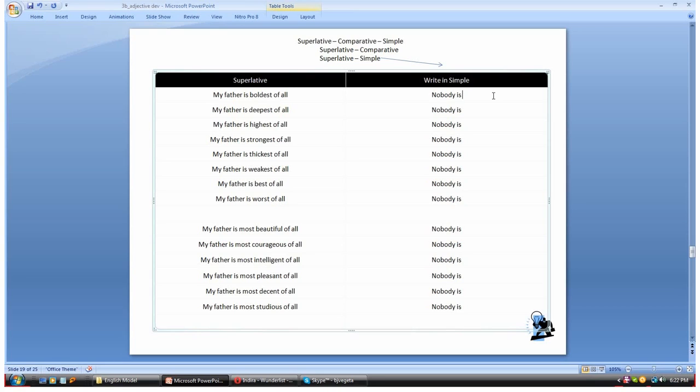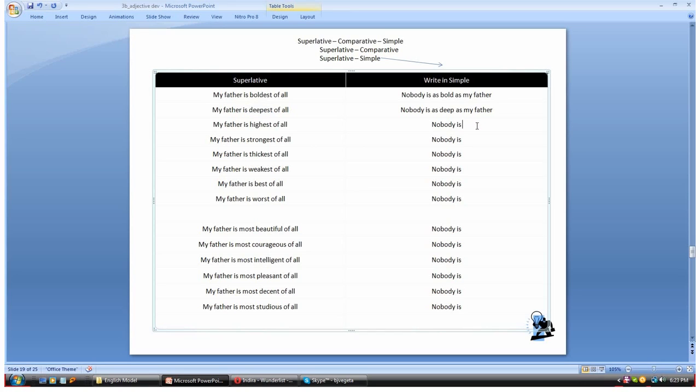So the keyword for superlative to simple is "as... as." Nobody is as bold as my father, right? Notice we are keeping the degree simple, but here it is superlative, and we're not changing the meaning. All right, okay.